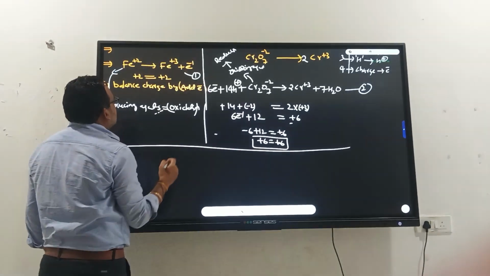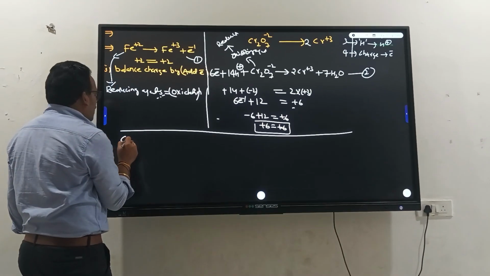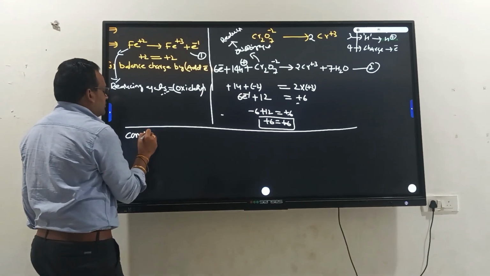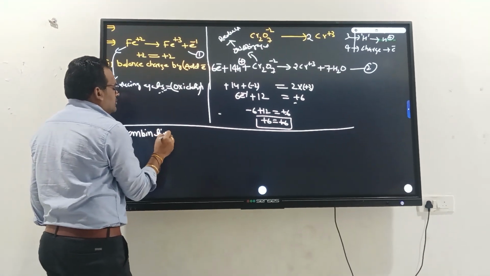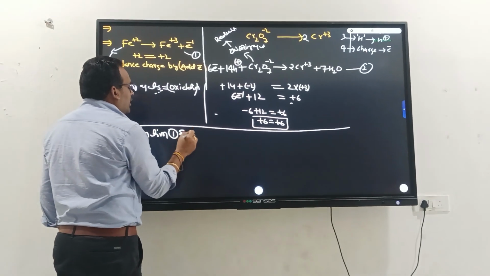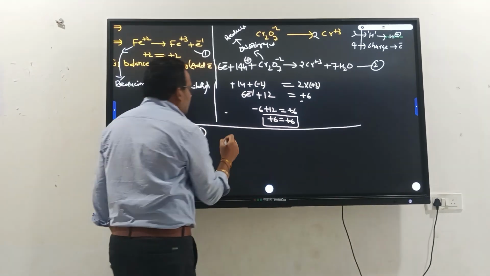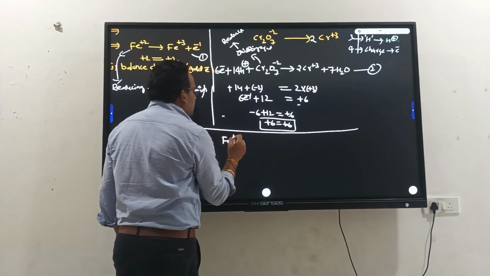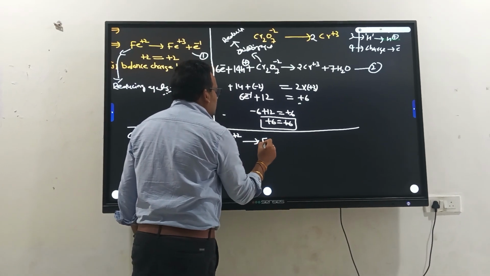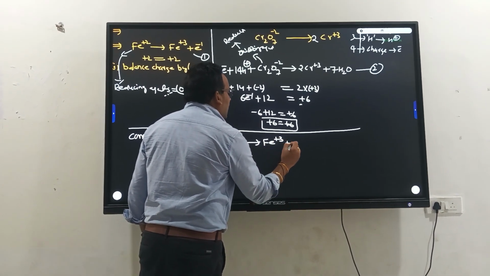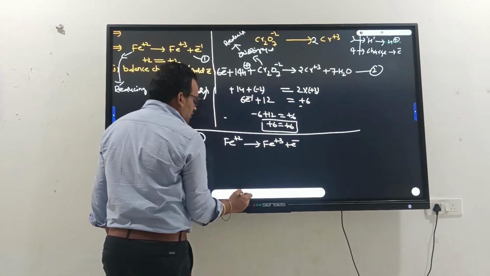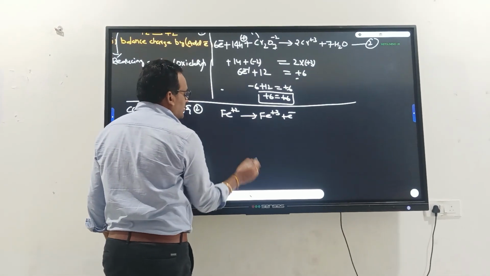Here, what is step one, children? Now combination. What is the first reaction here? Iron plus 2 gives rise to iron plus 3 and an electron.